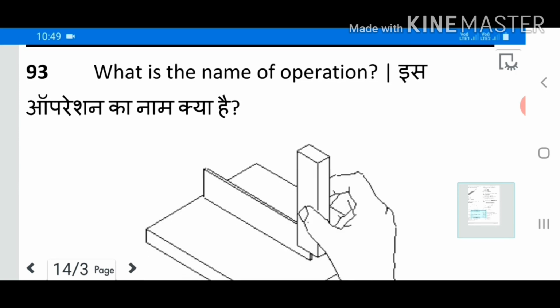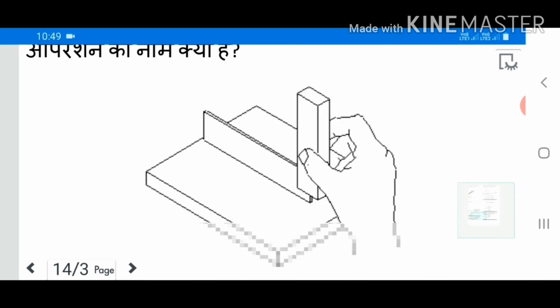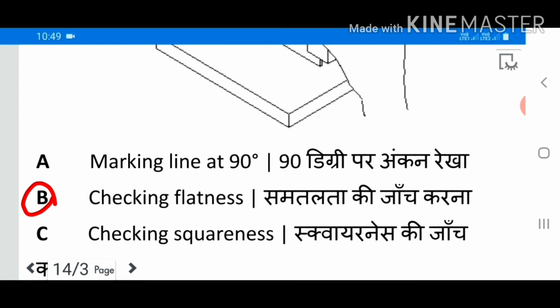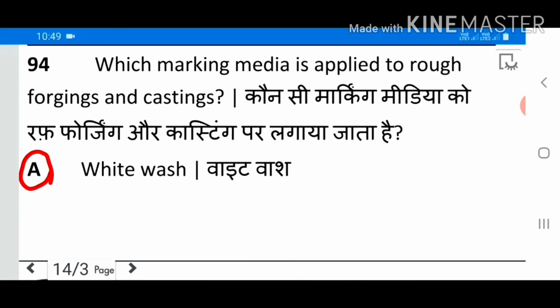93. What is the name of operation? Answer B. Checking flatness. 94. Which marking media is applied to rough forgings and castings?